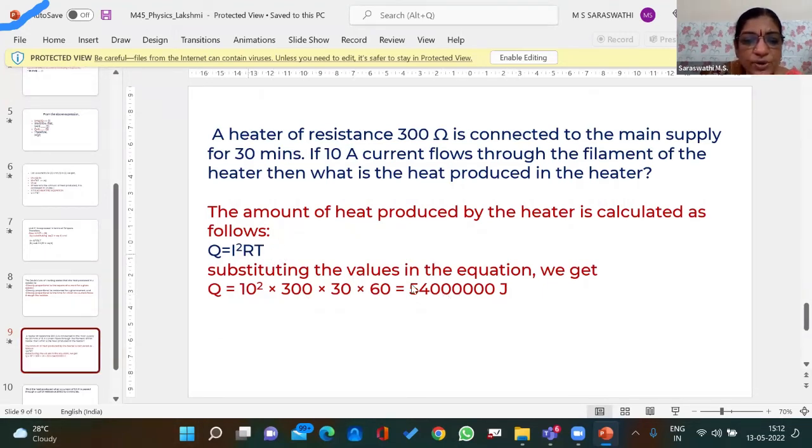If you express time in seconds, you get the answer in joules. If you express time in hours, you will get it in watt-hour, kilowatt-hour. So substitute the value 10 squared into 300 into 30 minutes, which has to be converted into seconds. SI unit of time is seconds. So you get so many joules of energy.